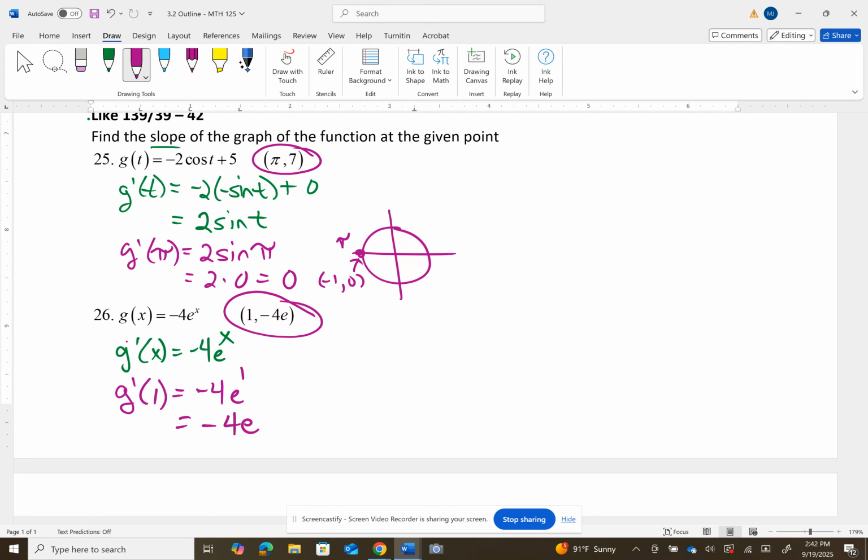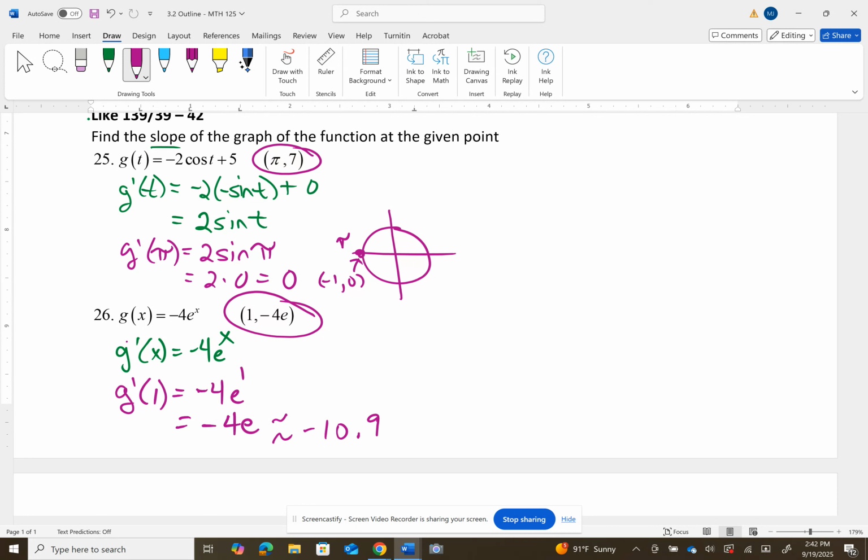And then the decimal approximation, if you wanted to know about what that was, you could take negative 4 and multiply it by e, find the e button on your calculator, raised to the first power, and that would wind up being around negative 10. Well, actually negative 10.9, okay?